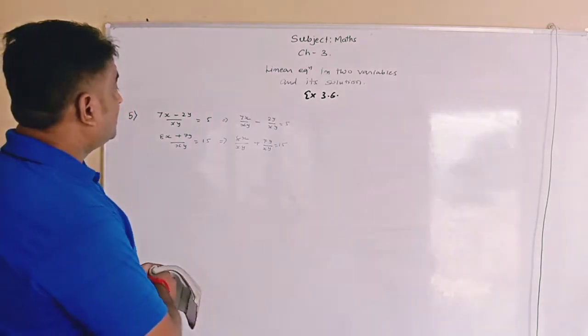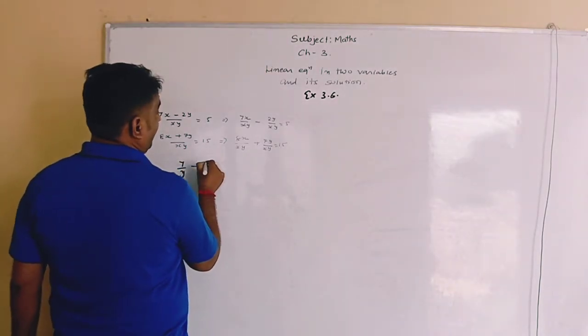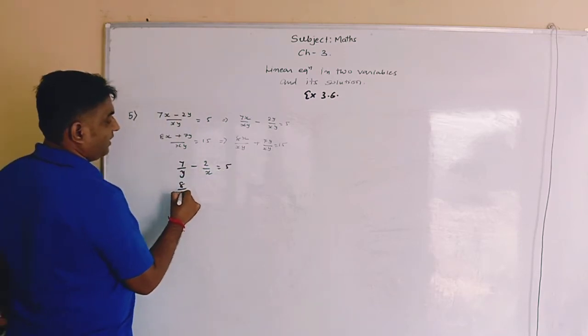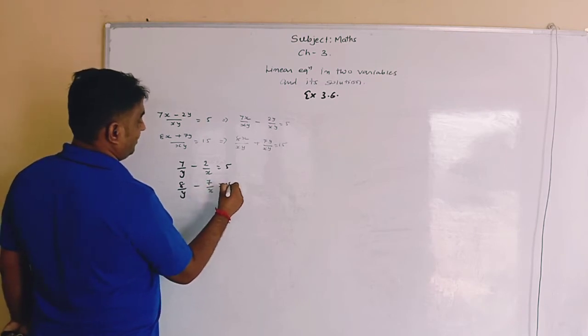So here x cancels, so 7 by y minus 2 by x equals 5, and here 8 by y plus 7 by x equals 15.